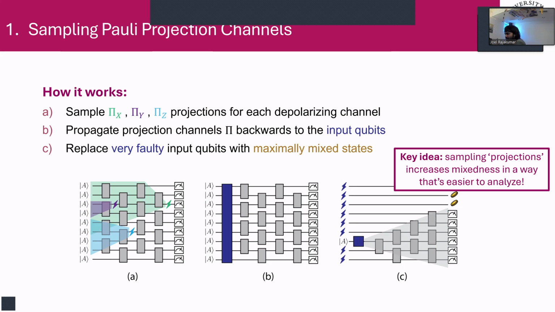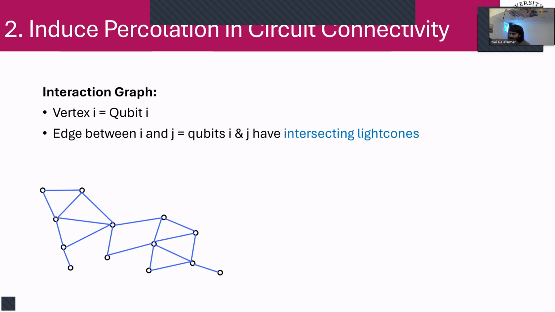Hopefully you may be familiar with this concept, but the idea is that two qubits can only be entangled with each other if their light cones intersect. If they don't, then you can't develop any correlation between them. If you trace out one of the qubits, the state of the other qubit is not affected. So this graph carries information about the entanglement structure of your circuit. And in general, it's going to be a pretty dense graph because a lot of them are going to share neighbors.